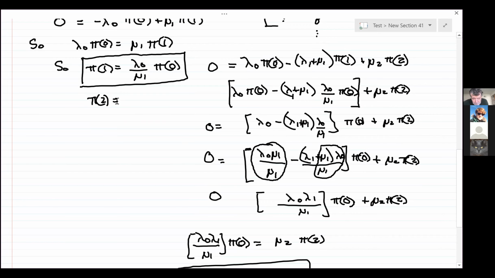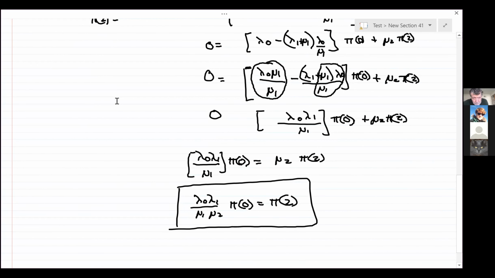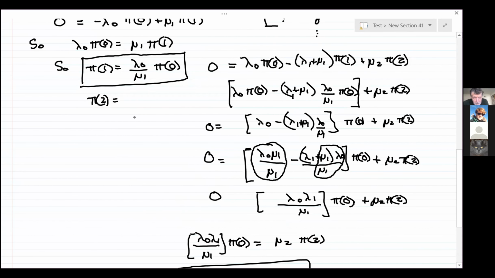And if you look at it again, it's lambda 0, lambda 1, all over, what is it, mu1, mu2? Yes, mu1, mu2 times pi 0.